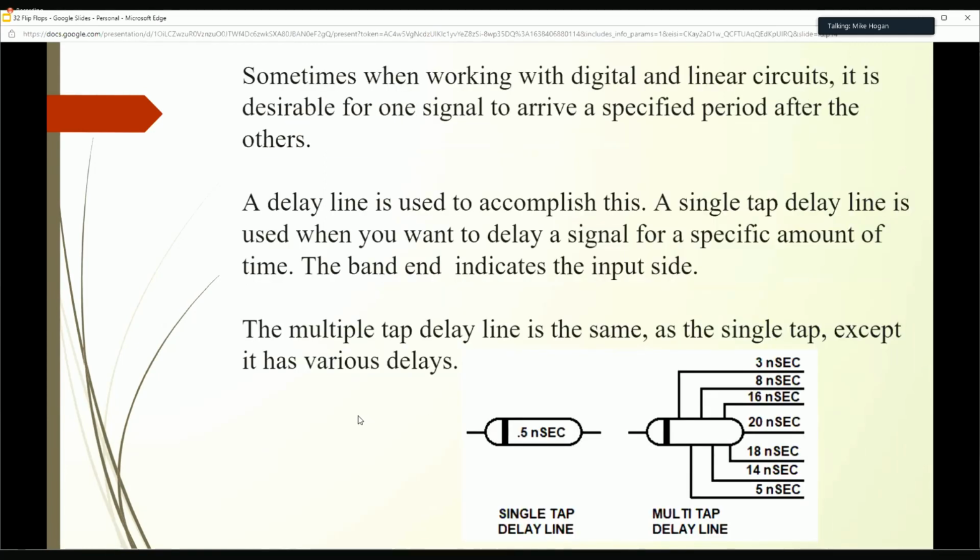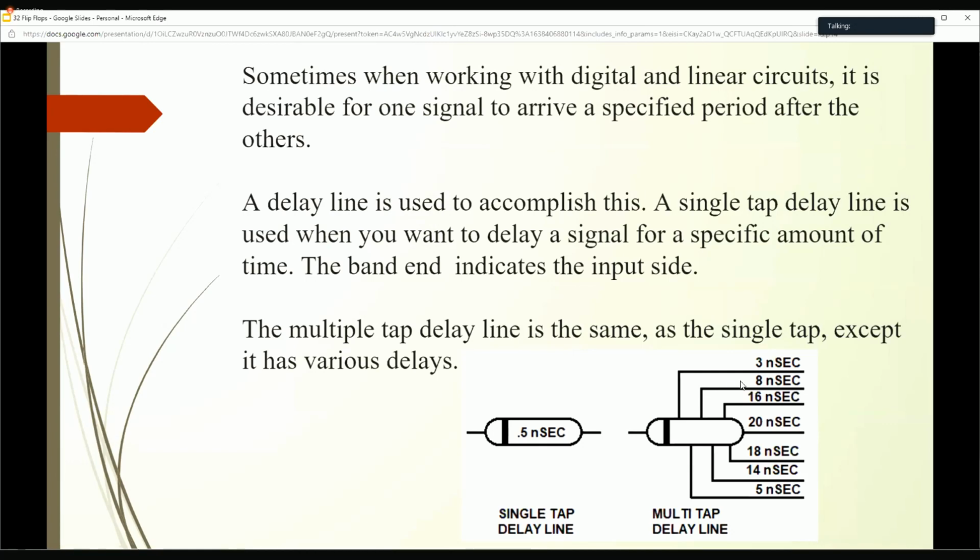Now, we also could have to time up some of these signals, if you will. Simply because of the distance, you may need to have some delays built in, and so you could have these devices, these delay lines, either a single tap or a multi-tap. What I'll say about these is look at the units you're working in, right?